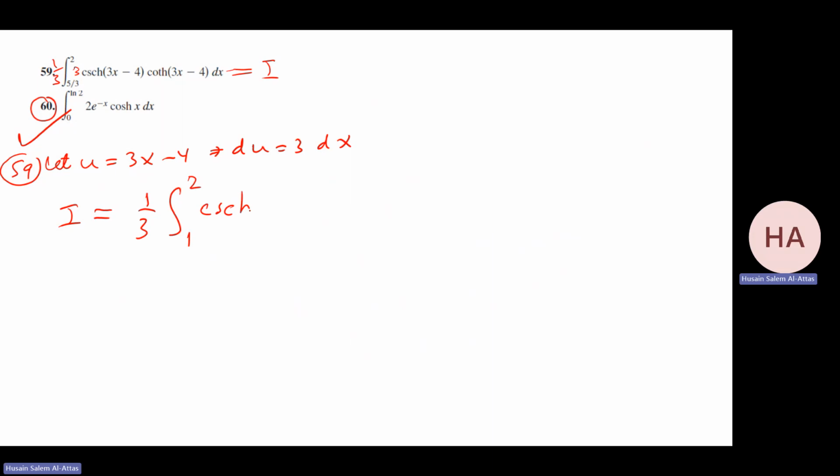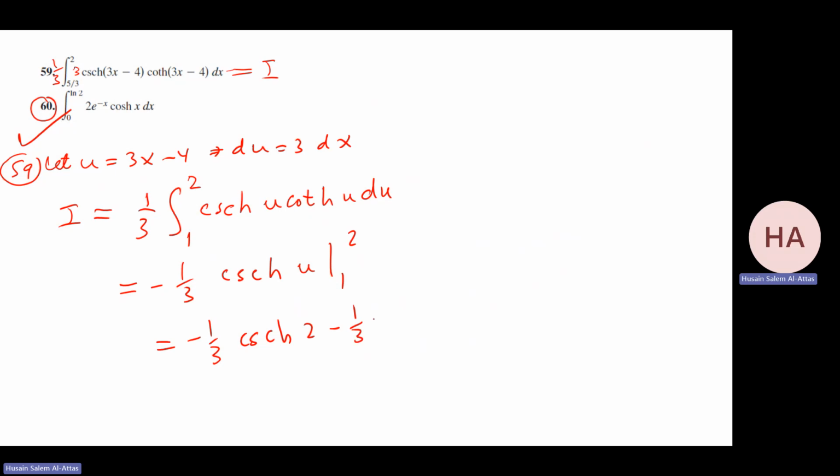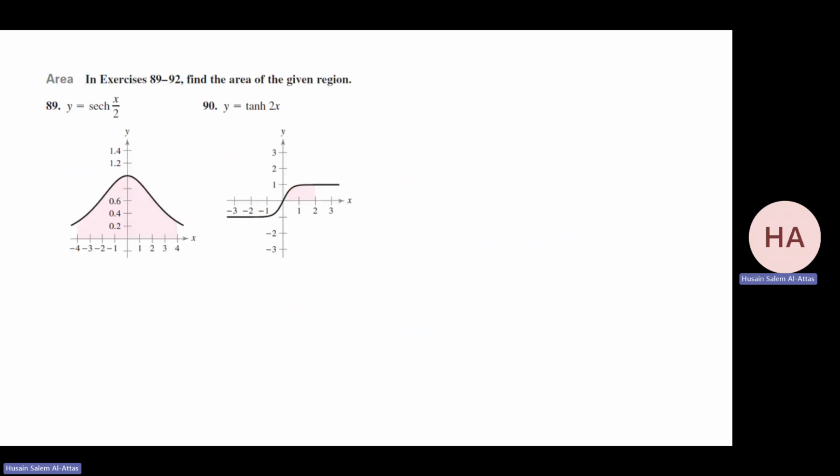And cosecant u cotan hyperbolic u du. I know this is minus 1 over 3 cosecant hyperbolic u from 1 to 2. That gives me minus 1 over 3 cosecant hyperbolic 2 minus 1 over 3 cosecant hyperbolic 1. You can leave it like this.